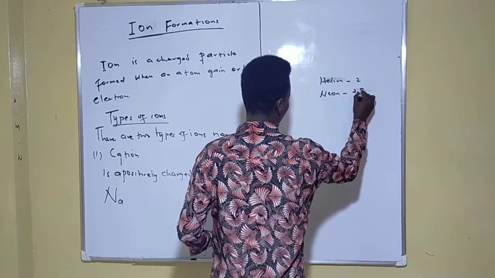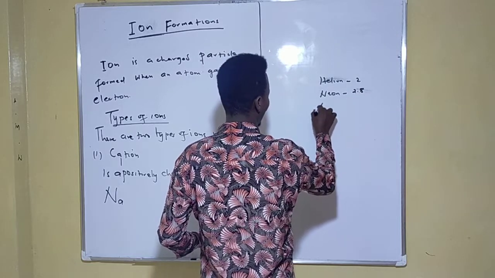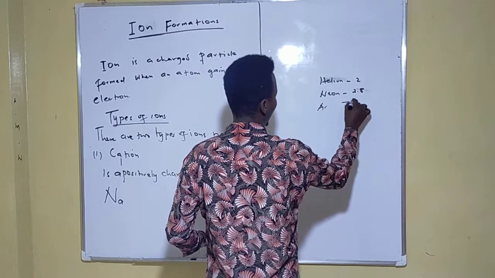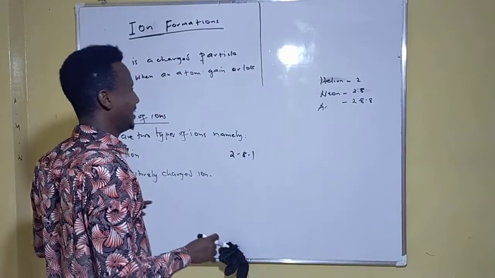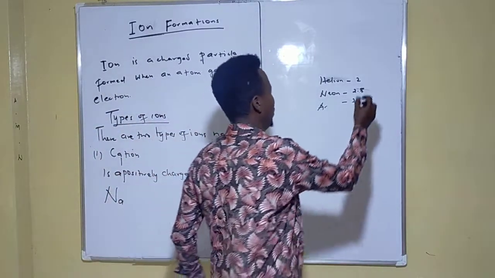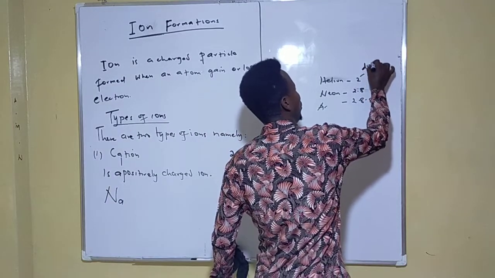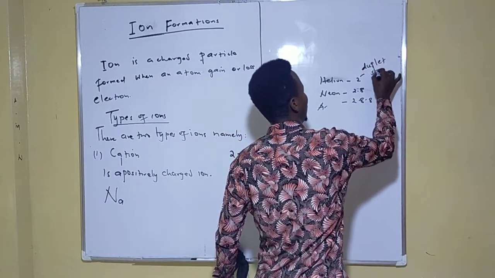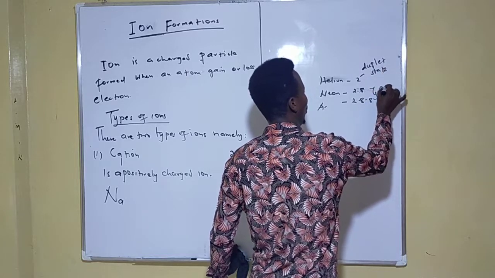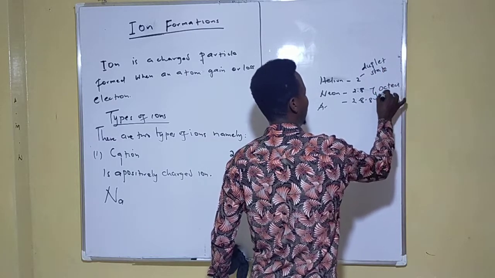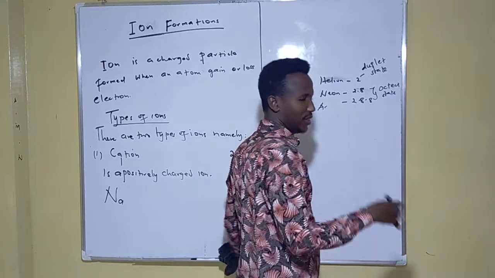Then we have argon, which is 2,8,8. So all atoms are struggling to get this stability. This is what we normally call the duplet state, and this is what we normally call the octet state. Just understand.